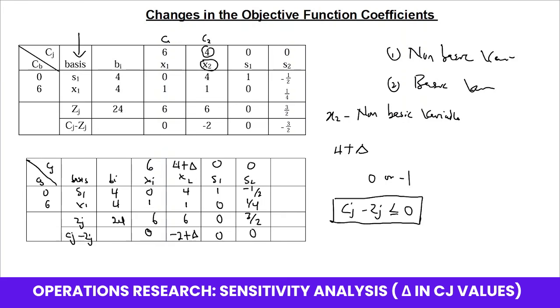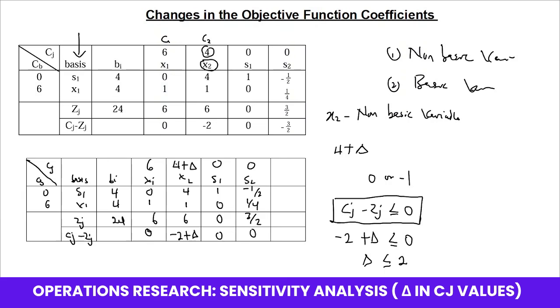So to determine the value of change for which our solution is going to remain optimal, minus 2 plus delta should be less than or equal to 0. Making delta the subject, delta is less than or equal to 2.